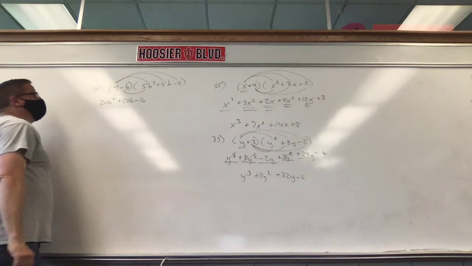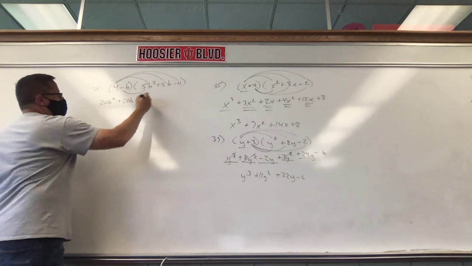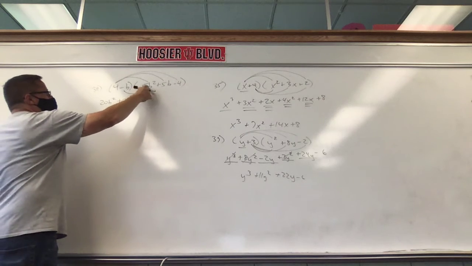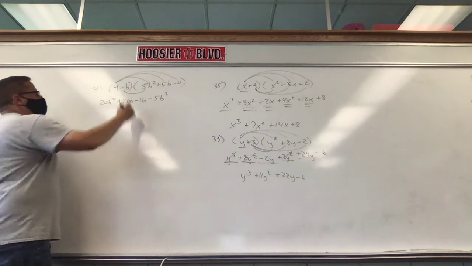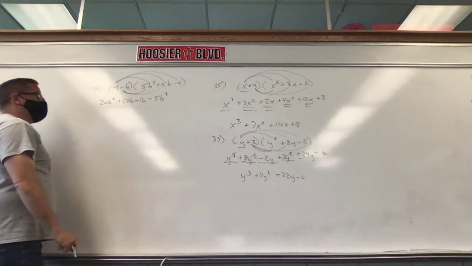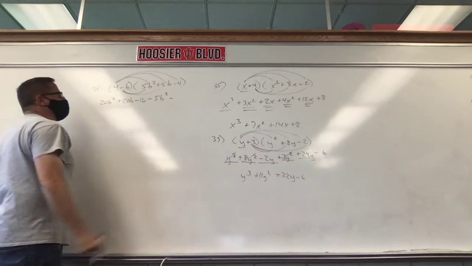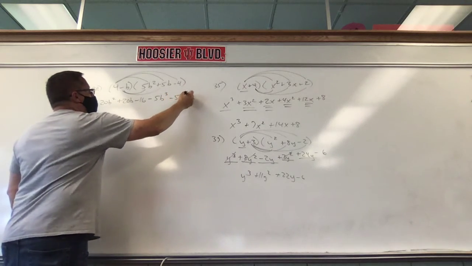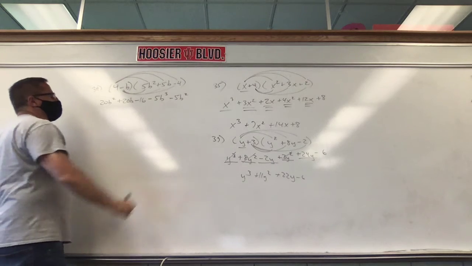Negative b times positive 5b squared. A negative times a positive is a negative. And what's b times b squared? b to the third. So negative 5b to the third. And then negative b times positive 5b. A negative times a positive is a negative. Negative 5b squared. And negative b times negative 4. That's positive 4b.